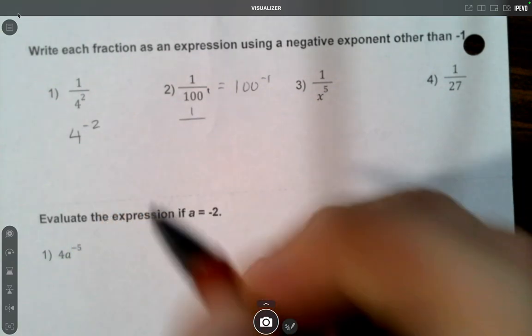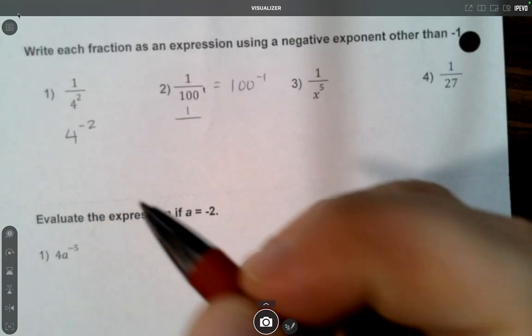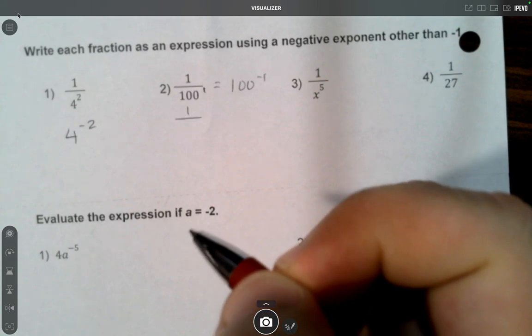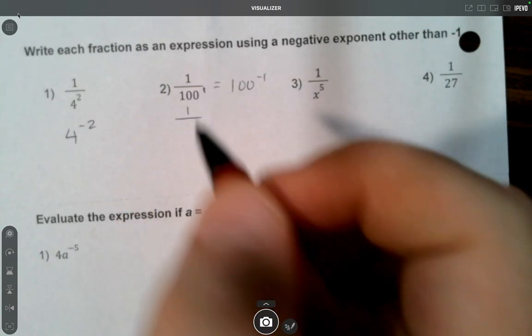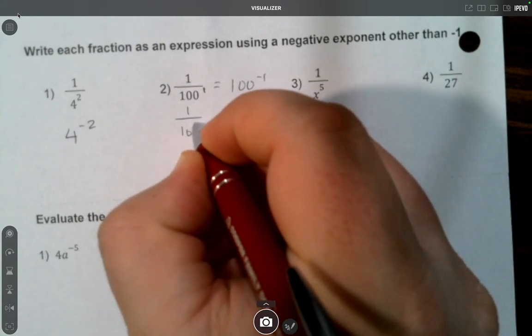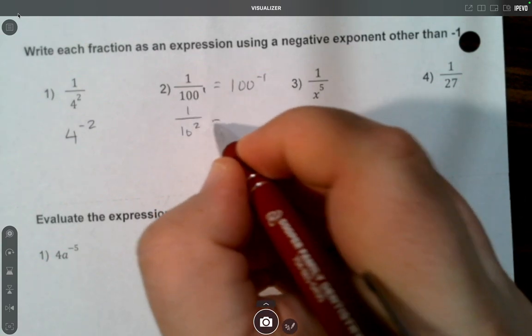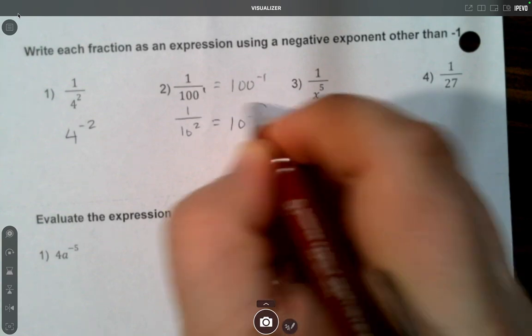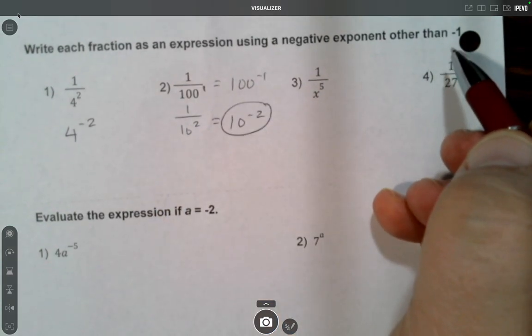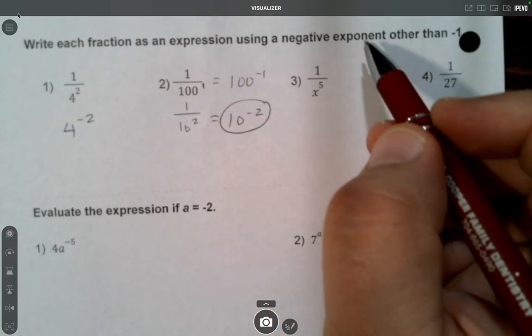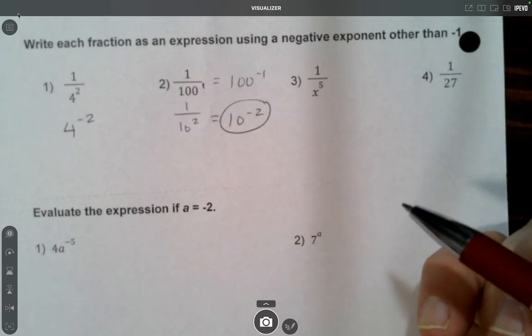In other words, what raised to what is equal to 100? Well, 100 is 10 squared. So if I change the 100 to 10 squared, then I can write that as 10 to the negative 2, and then I've followed their directions about using an exponent other than negative 1.